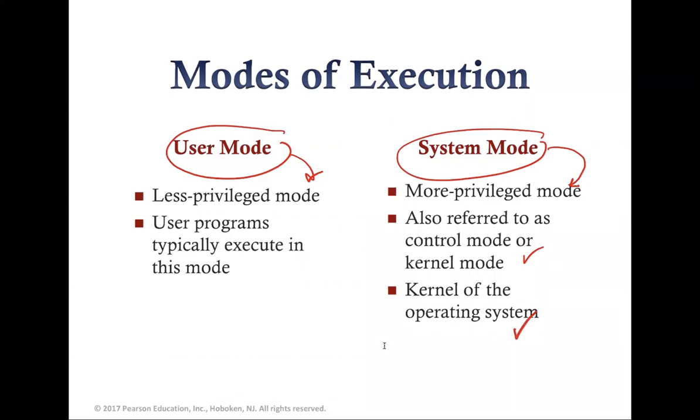On the other hand, the user mode is where the processor executes user programs. We are not doing any kernel jobs here, just performing user programs, and that's why we call it less privileged mode, because user programs typically execute in this mode and don't need a lot of privileges. The more privileged mode is the system mode, the control mode, or the kernel mode.